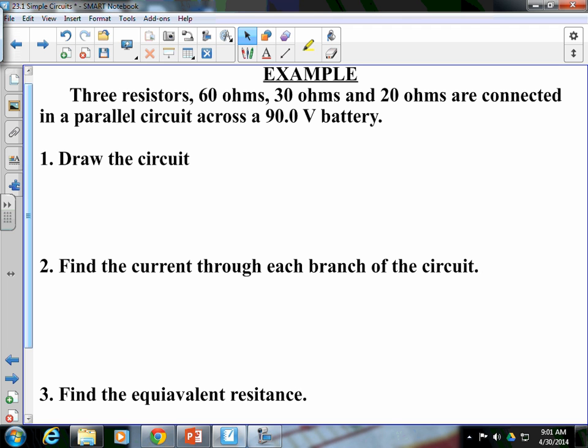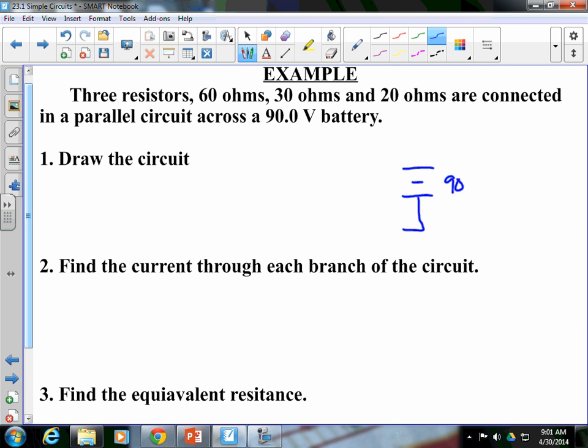3 resistors, 60 ohms, 30 ohms, and 20 ohms are connected in a parallel circuit across a 90-volt battery. First things first, draw the circuit. Well, here's my battery, which is 90 volts. That's going to go to one resistor. I'll have a second resistor.